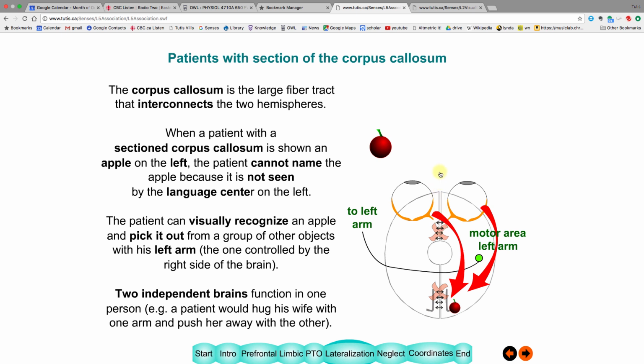Now, one of the things that's interesting is what happens when these two areas, the two hemispheres, become separated. And this was not infrequent. It occurred to calm down some forms of epilepsy.